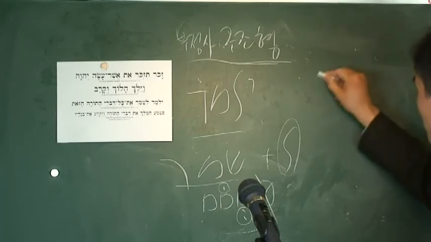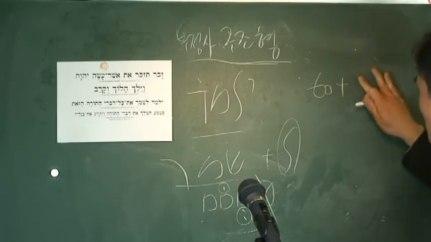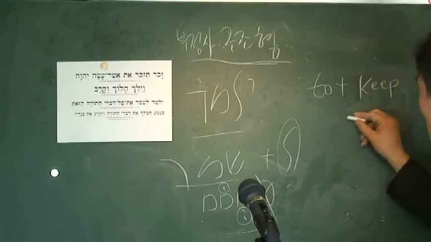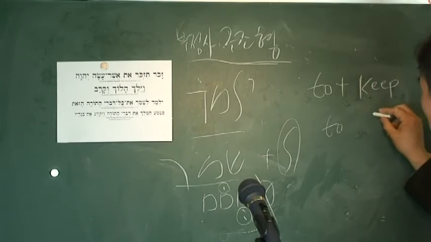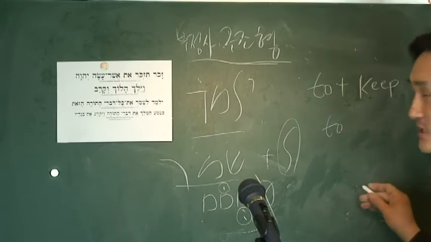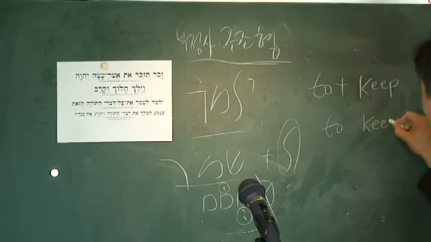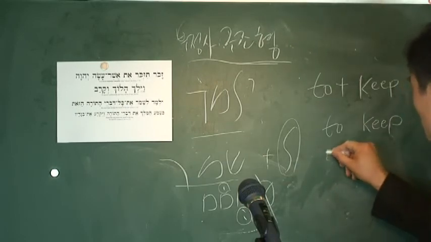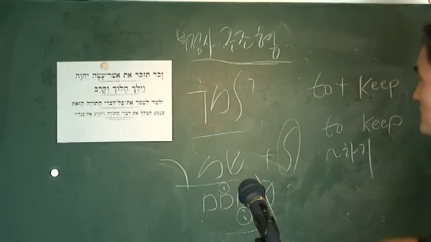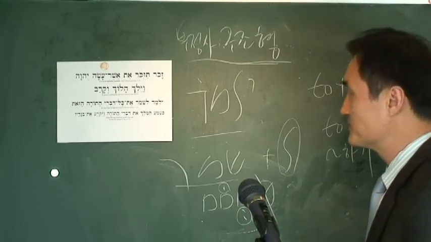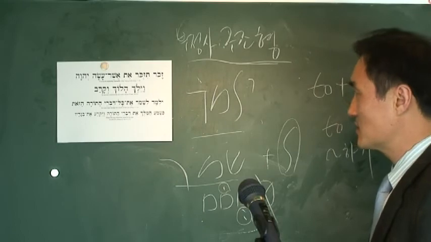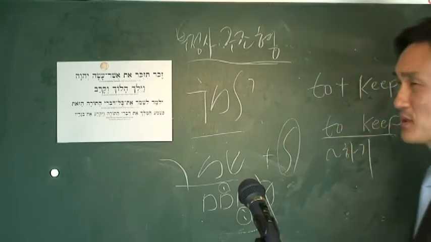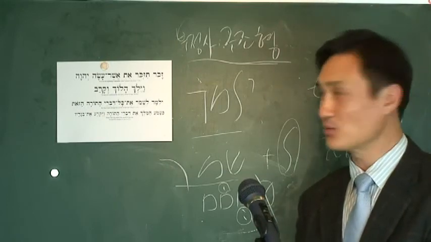Li is interpreted as to. Hence, it would be to plus keep and is used adverbially like English verbs. Therefore, it would be interpreted as to do something or to keep something.